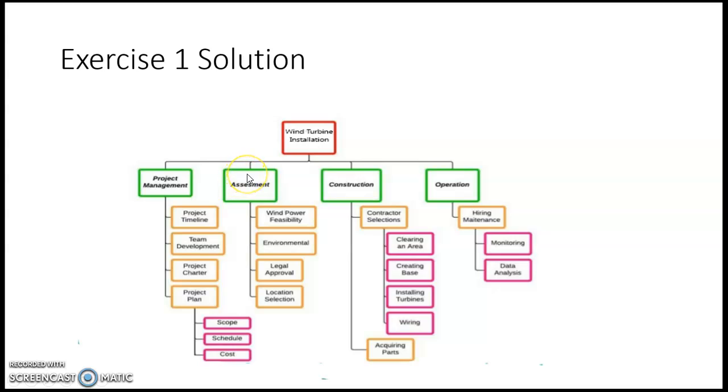And then when everything is approved, we would go into the construction phase, where the contractor is selected, and then the installation of the wind turbines takes place. The final phase would be the operational phase, where we would hire contractors for maintenance purposes, or they would monitor the operation of the wind turbine farm, and also carry out research and development, and data analysis.